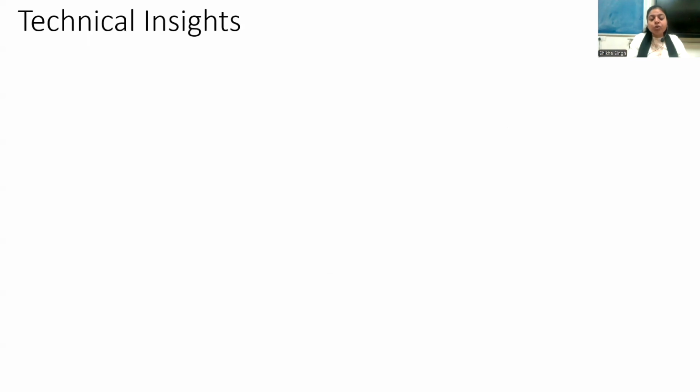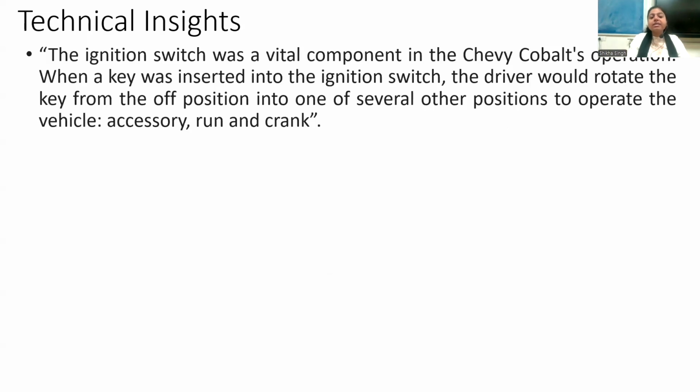And then if you move on further, technical insights. The ignition switch was a vital component, yes. It seems a very small component of a huge, complex product. Ignition switch has hardly 5 to 7 components in this small subsystem, not more than 7 to 8 components.